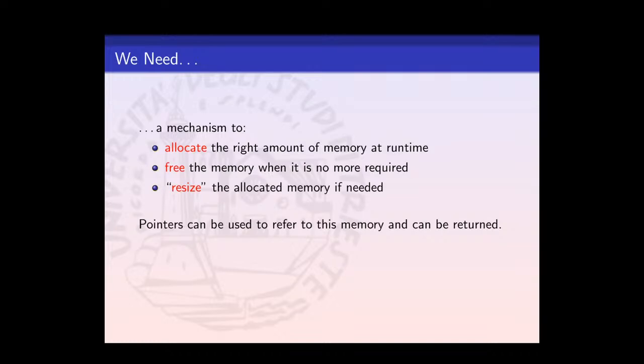We need a mechanism also to free this space, because as soon as the result is no longer needed, we may want to free this space and get back the free space for our program. And we may also want something to resize the allocated memory, because if you keep repeating asking this question many times, the space required to store the first n numbers may be resized to store the next n numbers. Okay?